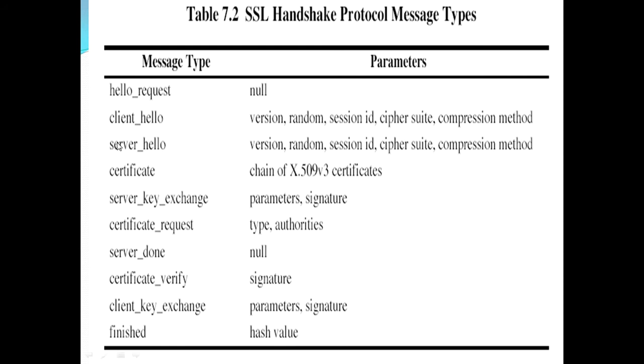These are all examples of messages. All these messages along with parameters are used to establish the sessions. Without establishing the sessions, the data transmission never happens. That's why the handshake protocol takes care of establishing the sessions.